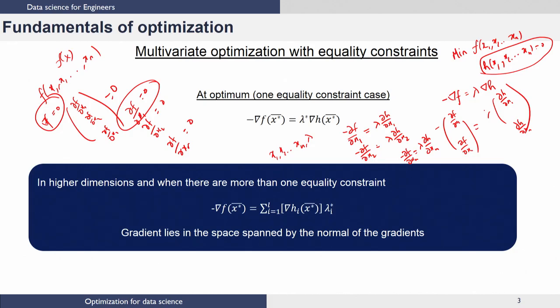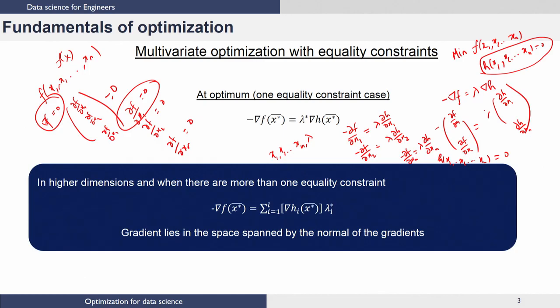So, with these n equations I will also get another equation, which is that h of x1, x2, ..., xn has to be equal to 0. Now, you notice that in this case with one constraint I have n plus 1 equations in n plus 1 variables. So, I can solve this.